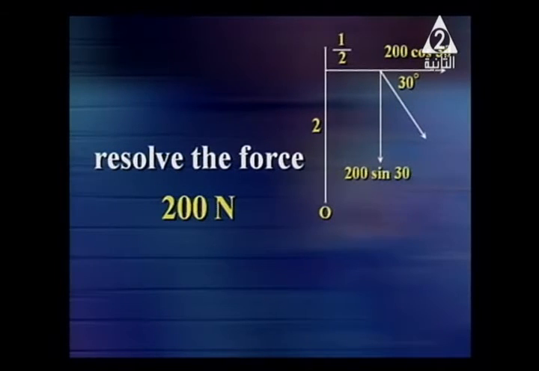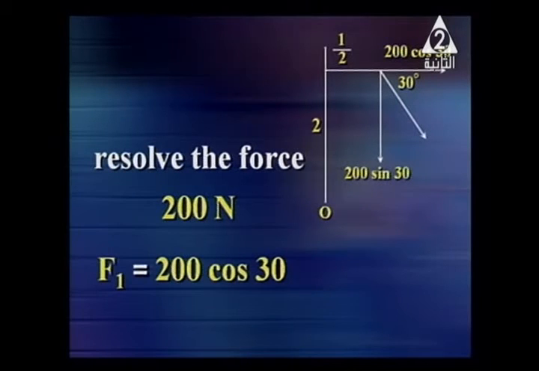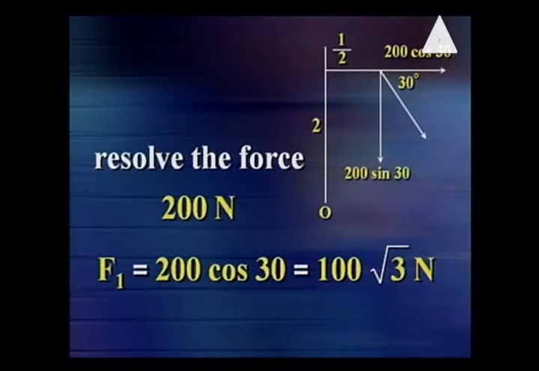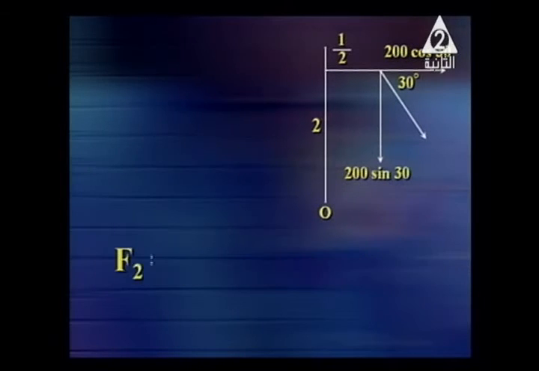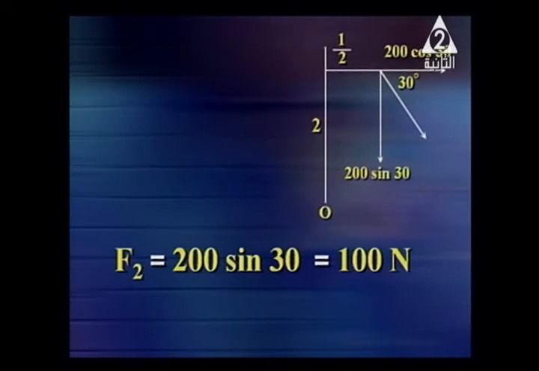We resolve the force 200 Newton. F1 equals 200 cosine 30 equals what? By substitution, cosine 30 equals root 3 over 2, multiplied by 200, equals 100 root 3 Newton. F2 equals what? 200 sine 30, and sine 30 equals half. In this case, F2 equals 100 Newton.